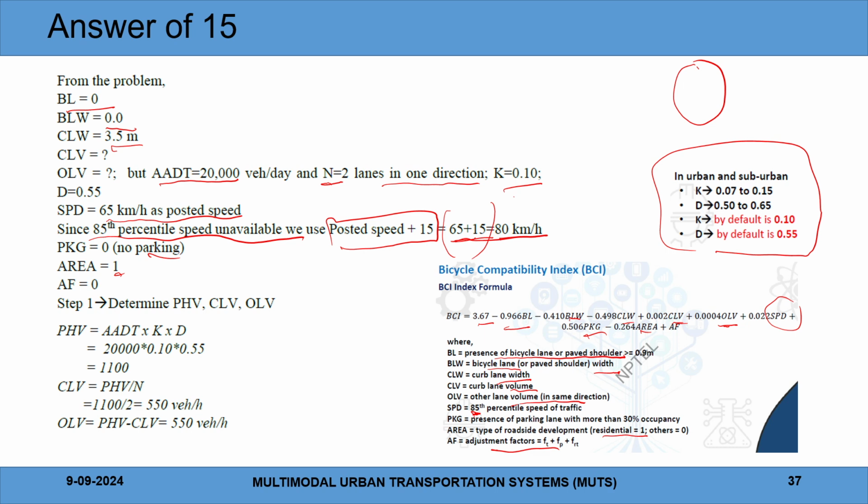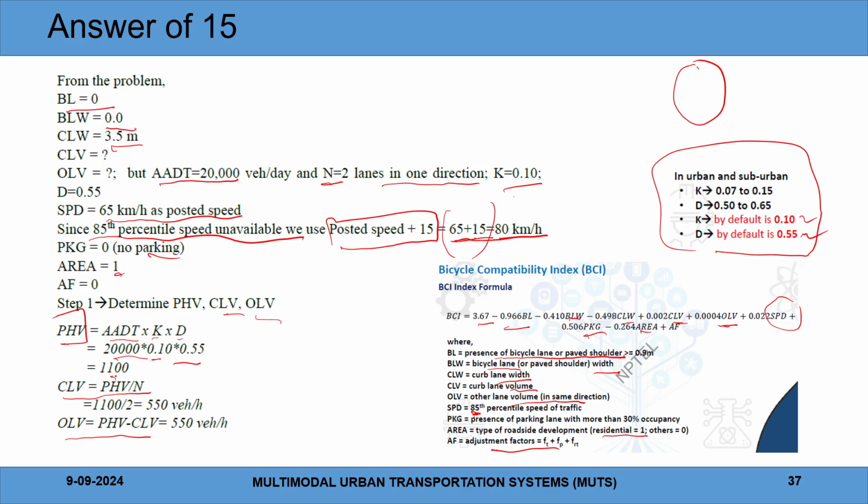And now we need to calculate this CLV and OLV, and for calculating CLV and OLV we need the peak hour volume. So it will be ADT into K into D. So ADT 20,000, the default value of K is 0.10 and D value is 0.55.